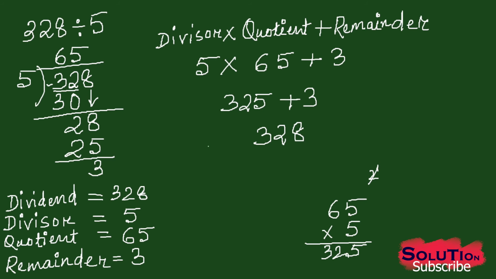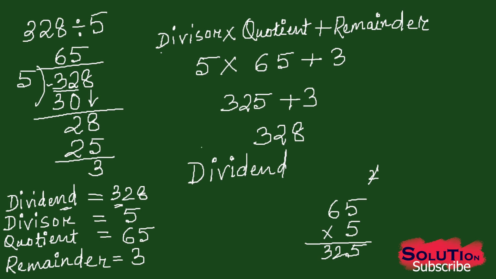And you can see that 328 is nothing but the dividend. So that means divisor into quotient plus remainder is nothing but our dividend.